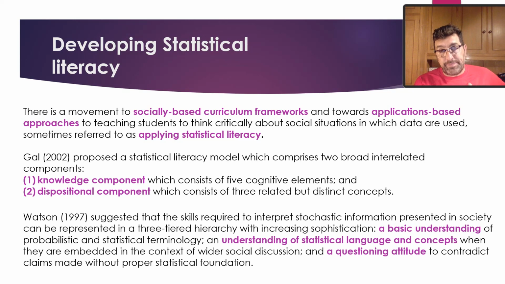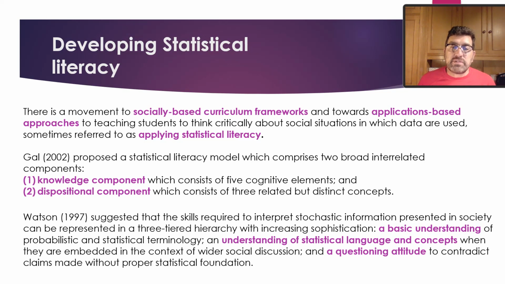Watson, as early as 1997, suggested that the skills required to interpret stochastic information presented in society can be represented in a 3-tiered hierarchy with increasing sophistication. Firstly, a basic understanding of probabilistic and statistical terminology.